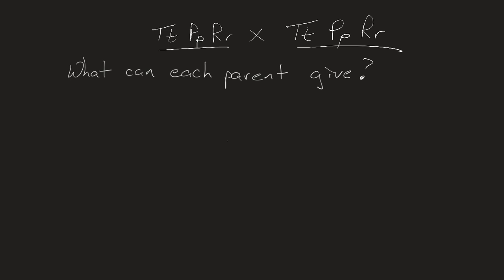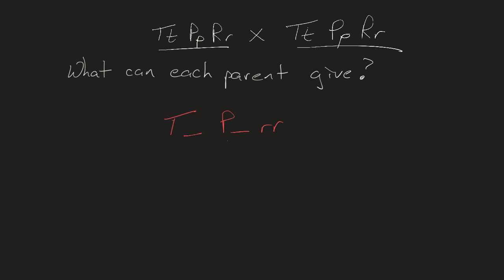Now the question that the AI is asking is, what are the chances of getting big T, big P, little r? In these first two, it's asking you not to ignore the second one. It doesn't care what you get over here. What are the odds of getting a big T or a big P? It's 50%, right? What the other parent gives doesn't matter.